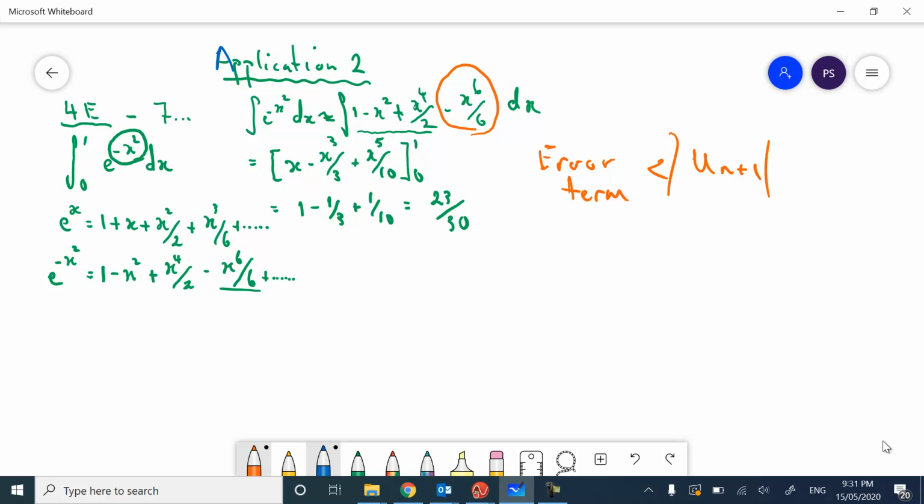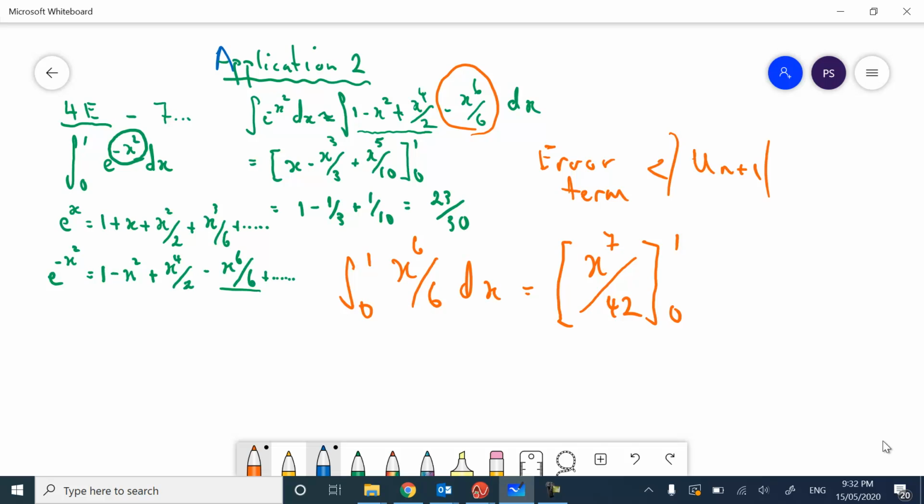Okay, so what I'm going to do is integrate between 0 and 1, x to the power of 6 on 6 dx, which will equal x to the power of 7 divided by 42. And that is between 1 and 0, and of course that equals 1 on 42.